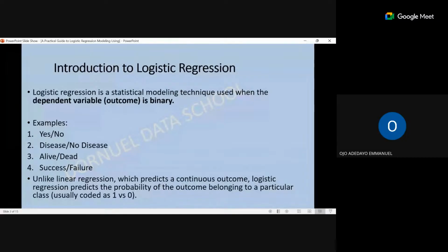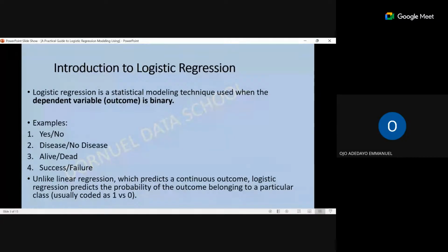Let's say, for instance, 1, 2, 3, 4, 5, 6. It is called discrete. But when we are talking about continuous, it simply means that it takes its value on a number line. What do I mean by a number line? From 0 to 1, we have billions of numbers. We have 0.01, we may have 0.002, we may have 0.004, we may have 0.006. So they are continuous.